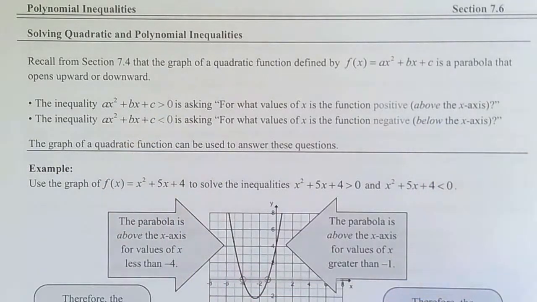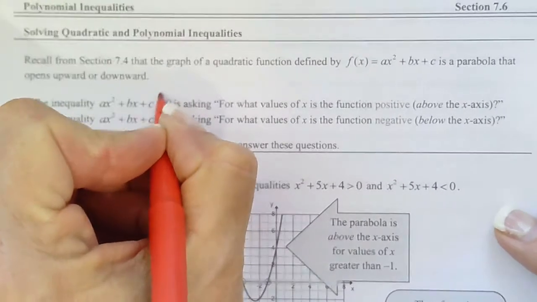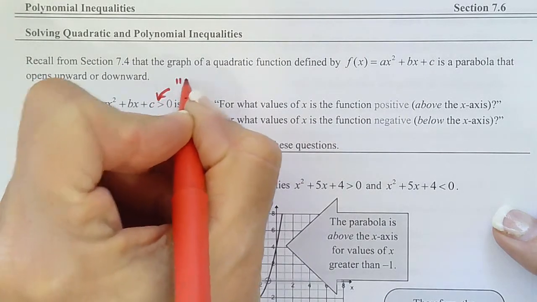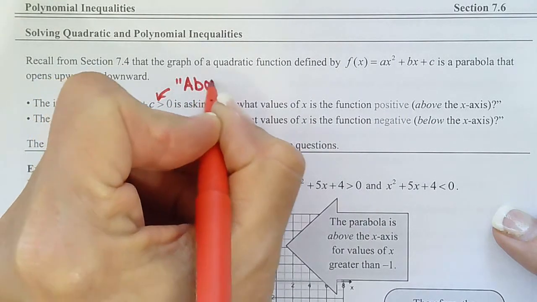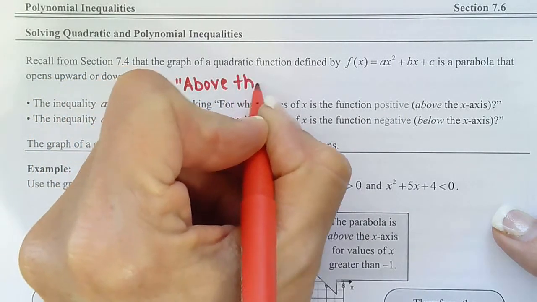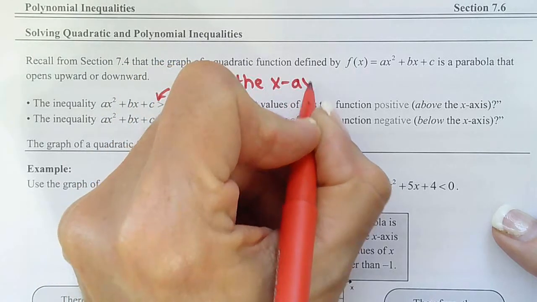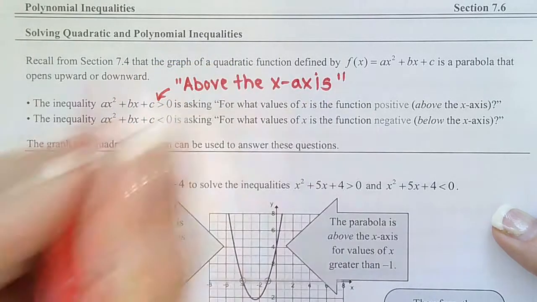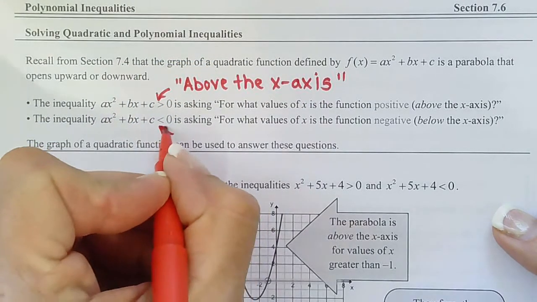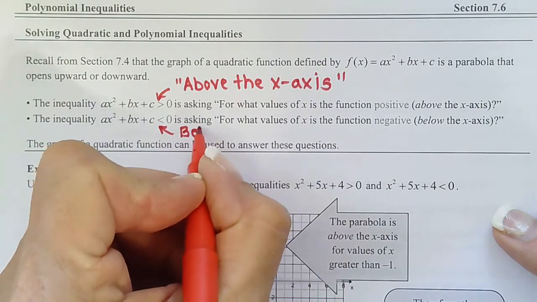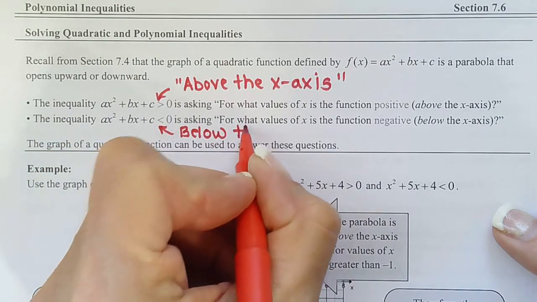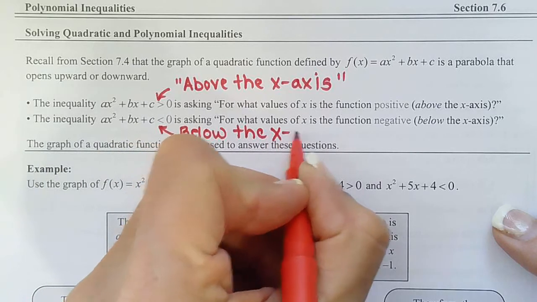So just think of greater than meaning above the x-axis, and less than meaning below the x-axis. Those are probably the 2 most important things of the whole section.